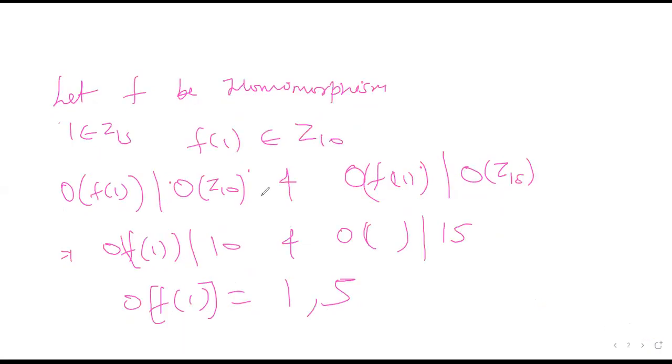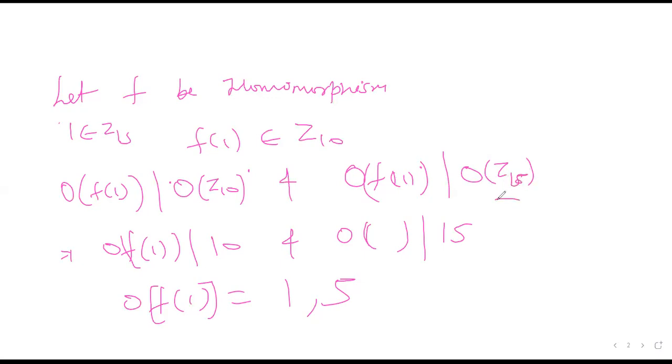If F1 is a homomorphism, then F1 belongs to Z10. So the order of F1 will divide the order of Z10, because the order of an element divides the order of the group. That is Lagrange's theorem. Similarly, the order of the image of the homomorphism divides the order of this group.